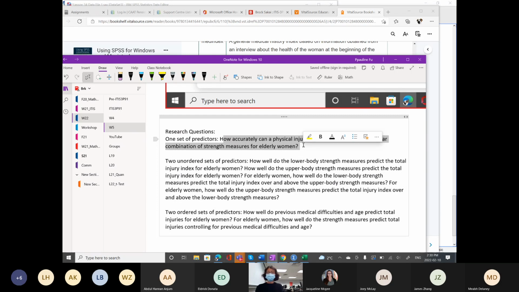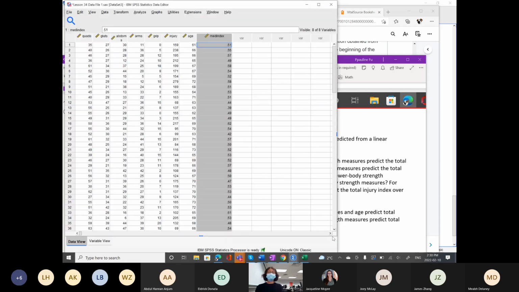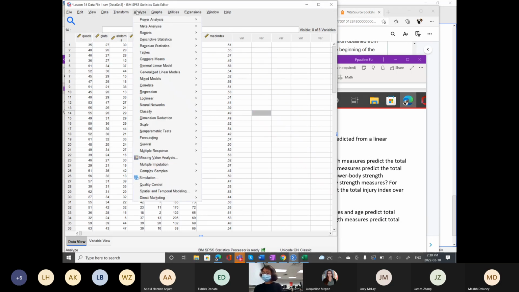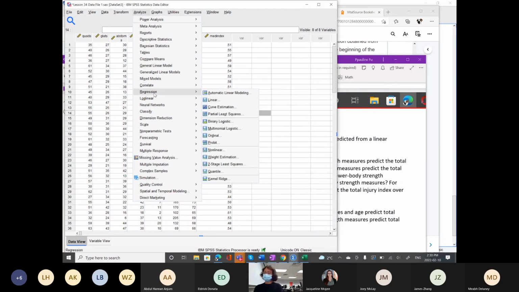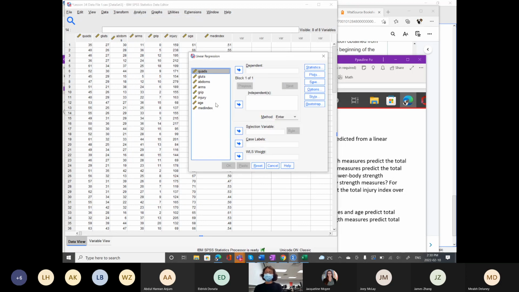To answer that question, we go to the data set, lesson 34, and then we do Analyze, Regression, and then Linear. Dependent variable is injury.